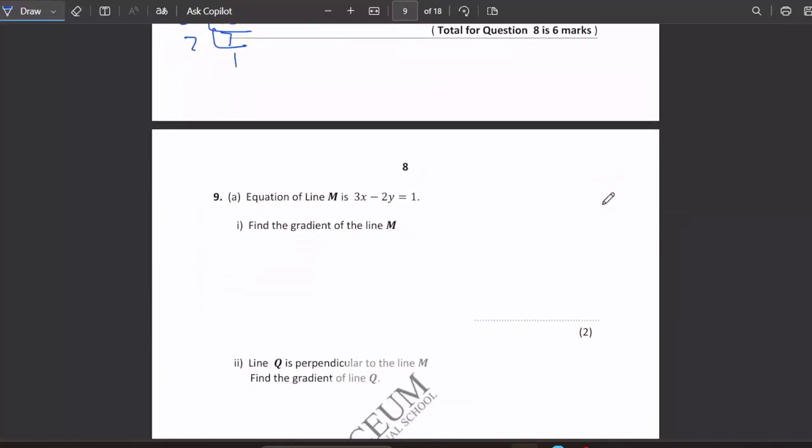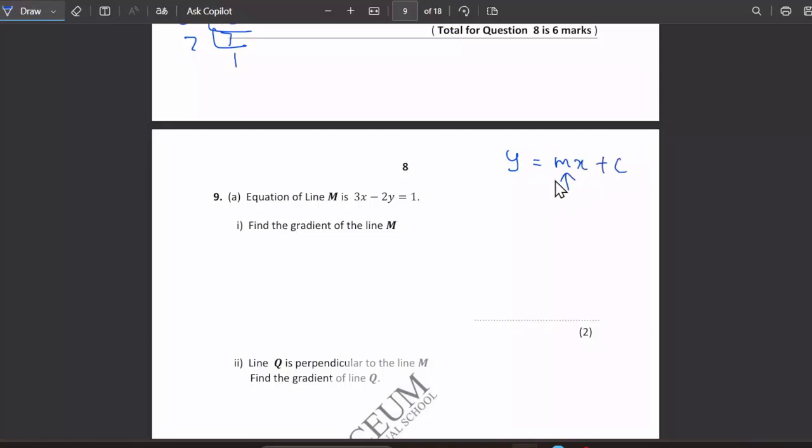Okay, now in the ninth question, they have given us an equation of a line. Okay, equation of a line. Now they are telling us to find the gradient. Okay, we know that if we have this kind of line, this is the gradient.